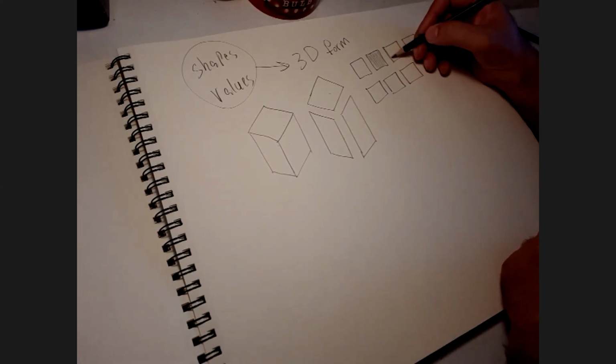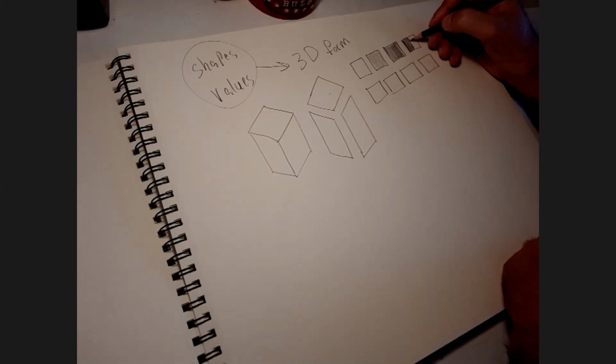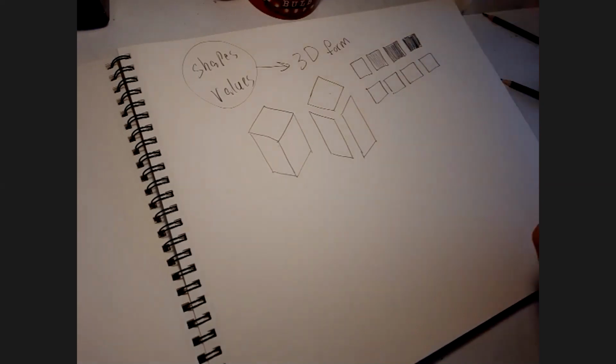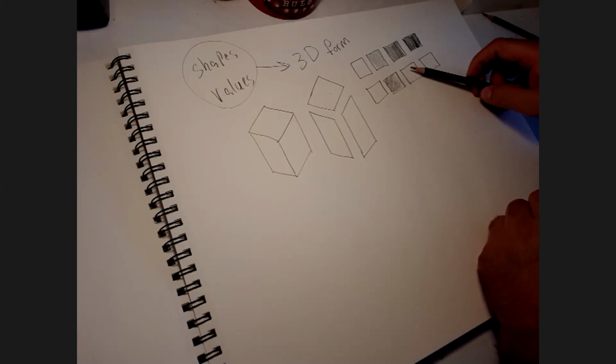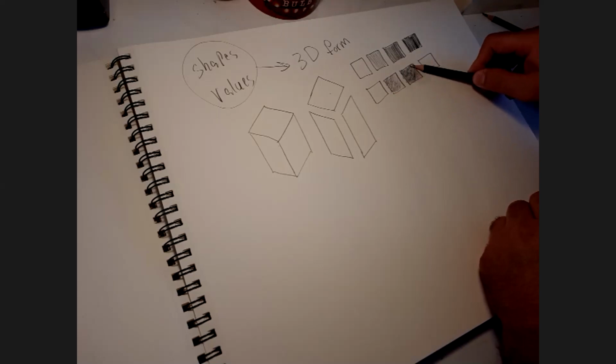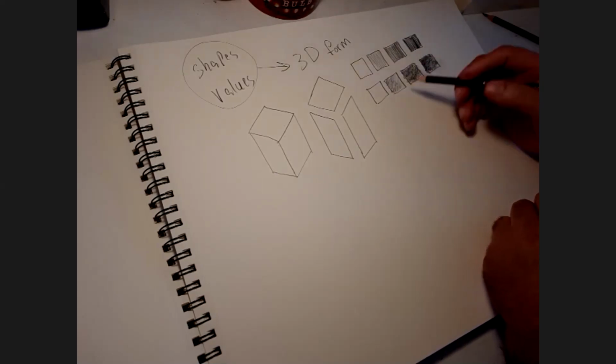So the darker and the denser these hatches are, the darker value we have, like this. I'm just using the tip of my pencil. And here I just used the side of my pencil to put a very light shading. And then I increase the pressure to get a darker value. And again, darker. So we have four values here.